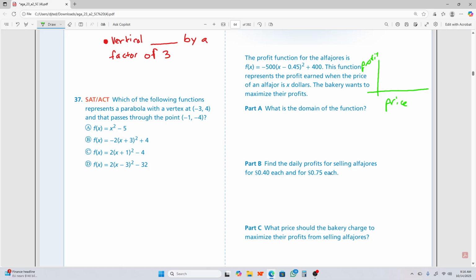And then part C, what price should the bakery charge to maximize their profits from selling them? The maximum profit is given at the vertex, the y coordinate of the vertex. That's the maximum. So what's the price with that maximum profit? That's the x coordinate of the vertex.